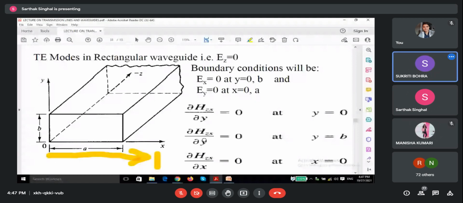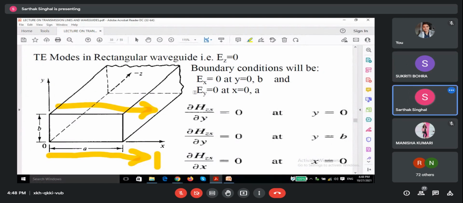So the electric field component along the x direction will be 0 at what points? This is the direction for the Ex component. So it will be 0 at the conducting walls, at y equal to 0 and b.